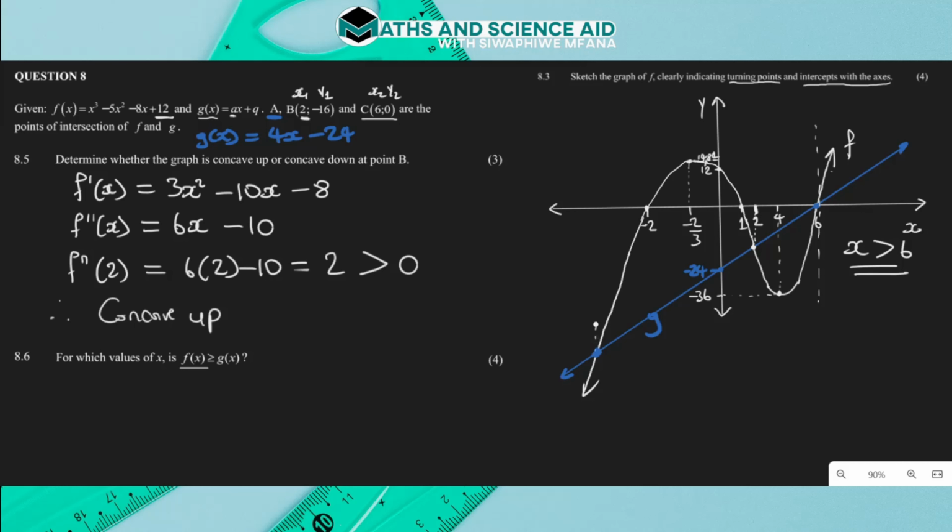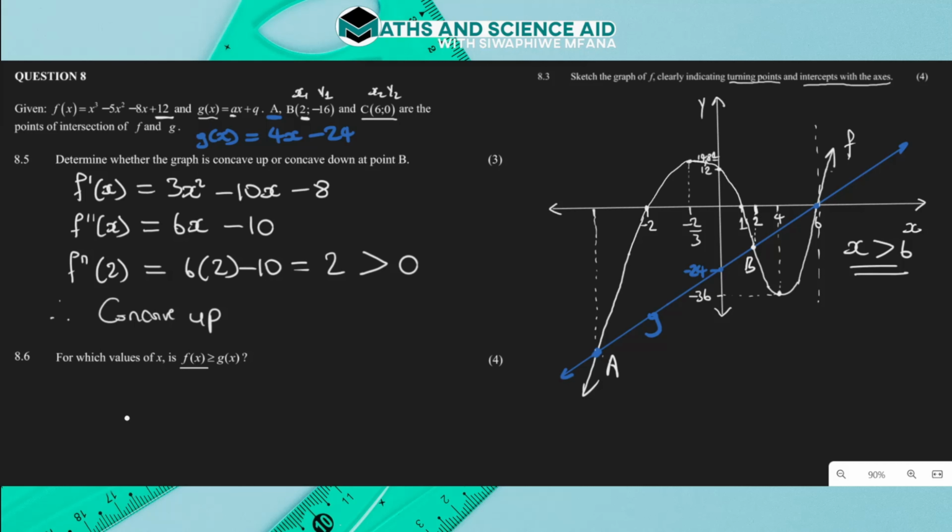So we need to know what that is equal to as well, because as we can see, so let me just label it as point A, because we say that between point A and point B here, the graph of f is above the graph of g. So we do need to know what the x value of point A is so that we can take that as part of our solution. So that's one of the things that we need to do in this question.